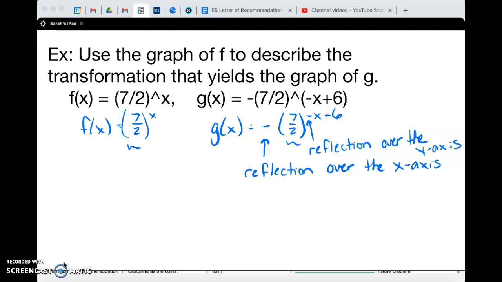Okay, so here's the weird part. Basically with this negative x plus 6, I can factor out that negative 1 piece, so I can write the horizontal shift correctly. This can be written as negative x minus 6.